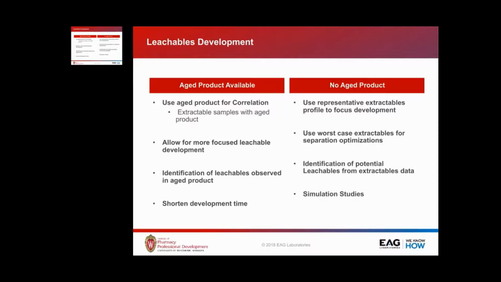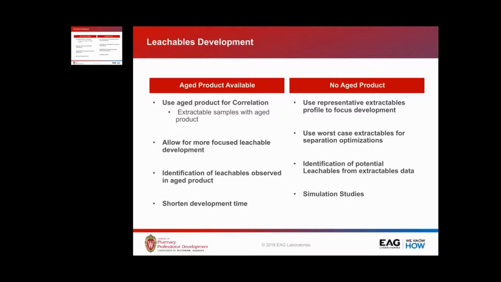The first is you already have some aged product that has been stored in that container closure system, either from your phase 2 studies, if your container closure system hasn't changed, and it's the same formulation. You can use those phase 2 studies, for example, if you have 12-month or 24-month samples, that you can go in and look at those aged samples to see if there are leachables present there using the same methods that you used during your extractables profile.